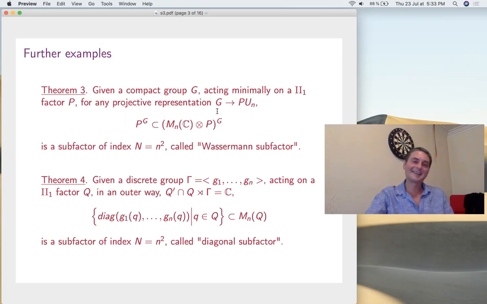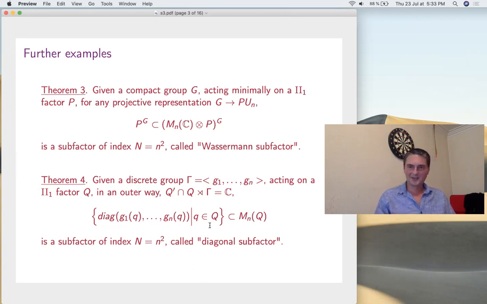Now the other piece of data: instead of a projective representation, you just take some generators for your group. And what you can do, you take Q as diagonal matrices inside M_n(Q), but the diagonal matrices are twisted by the generators g on gQ. So this, once again of index n squared, is called the diagonal subfactor, because it appears diagonally.